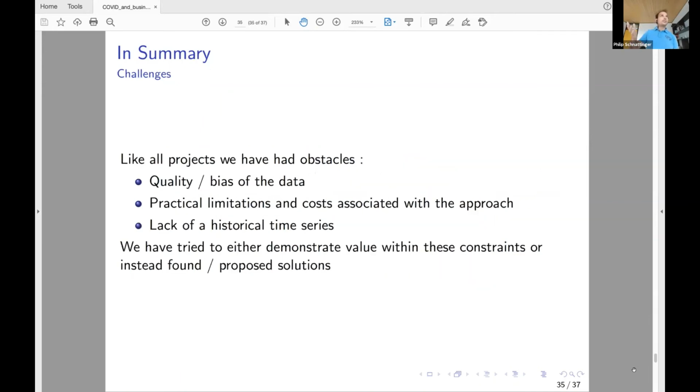And unfortunately, as could be expected in such a project, we have encountered some challenges. Obviously, there is a certain bias in the data, especially towards B2C establishments. Google Maps mostly has things that people are actually interested in finding.